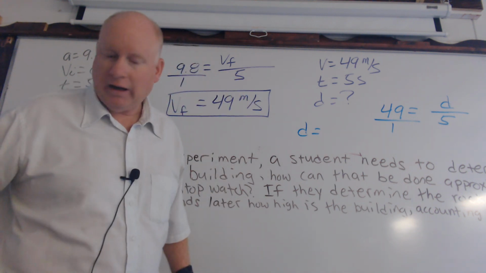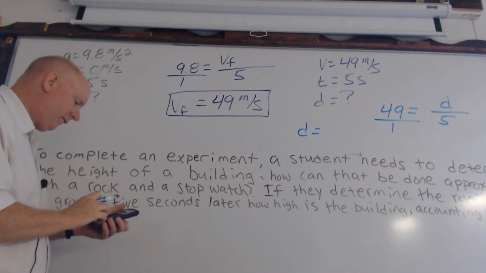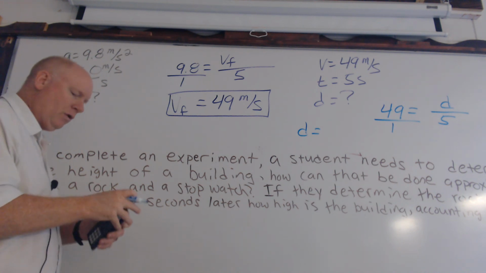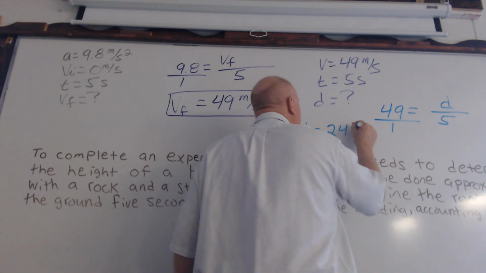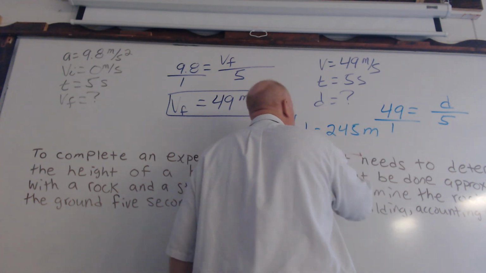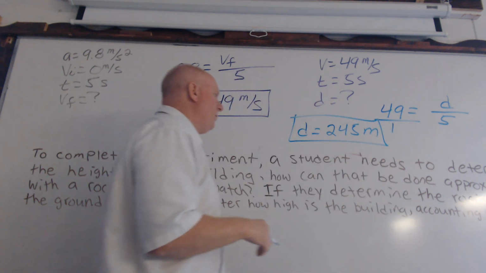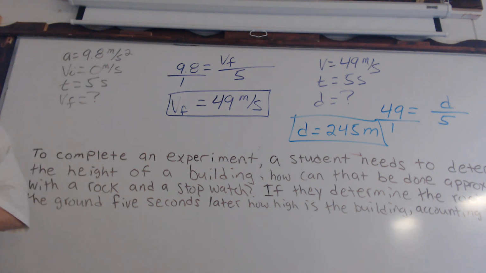So 49 times 5 gives you approximately 245 meters high. And that's what we would be looking for. Kind of a two-step problem, but nonetheless, we'd have the ability to solve for that.